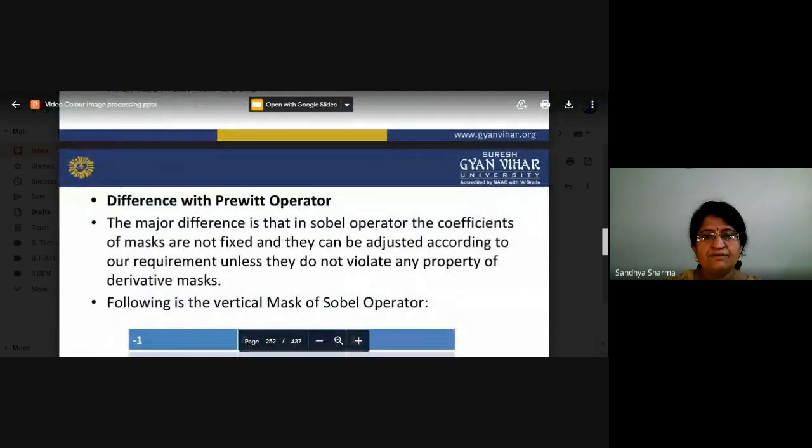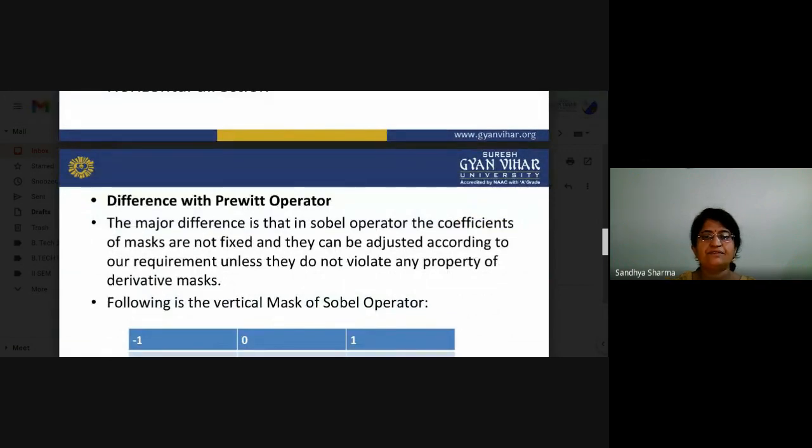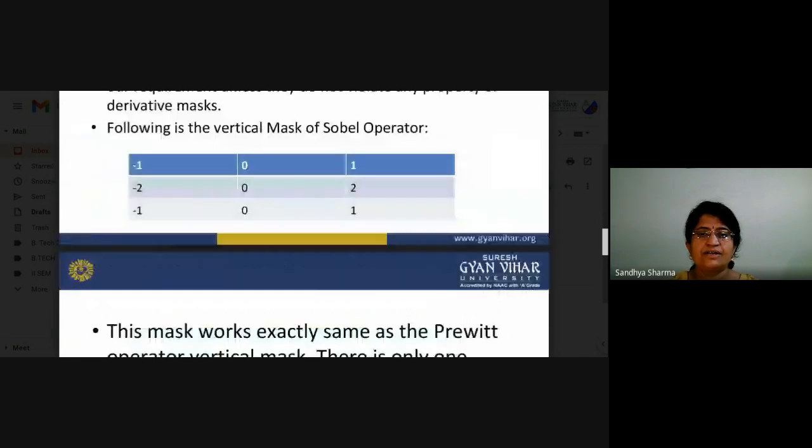The difference with the Prewitt operator: the major difference is that in the Sobel operator, the coefficients of the mask are not fixed and they can be adjusted according to our requirement, unless they violate any property of the derivative mask. Following is the vertical mask of the Sobel operator.